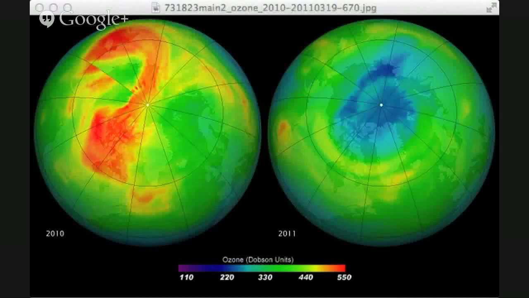You can see that NASA chose to use blue for low ozone amounts as opposed to red in this particular visualization. So we can see there was a hole over the Arctic, similar but not as intense in March of 2011 as there typically is over the Antarctic in September and October.